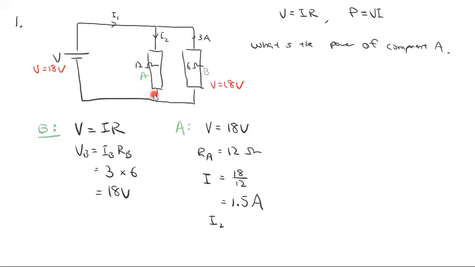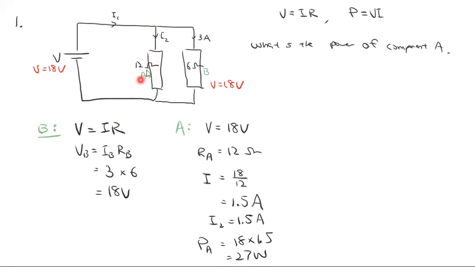We've already got that. So that's I2. I2 is basically the current through A. And then we can also work out the power of A. It's just 18 times 1.5, which is 27 watts. Does that make sense?